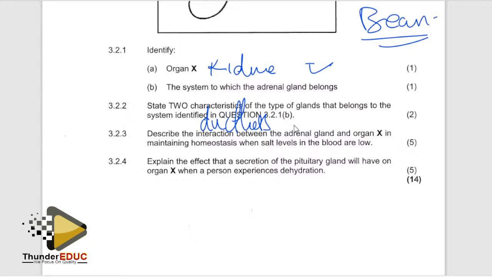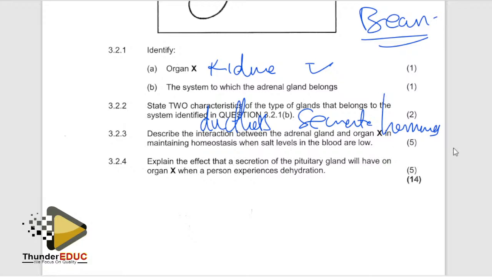Number 2, it secretes hormones. Did I say enzymes? No, man, it's not enzymes. It secretes hormones to the blood, which are transported by the blood to the target organs. So we're just explaining what happens in the endocrine system. That's what they are looking at.